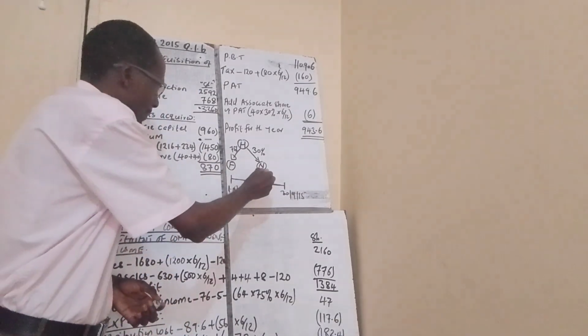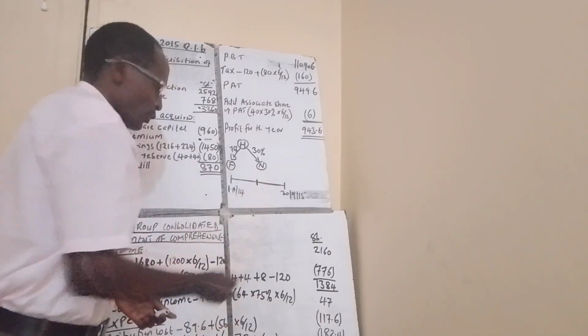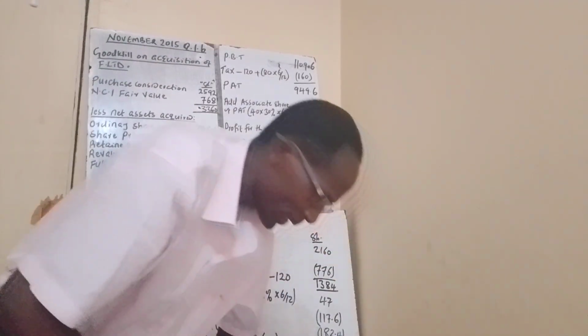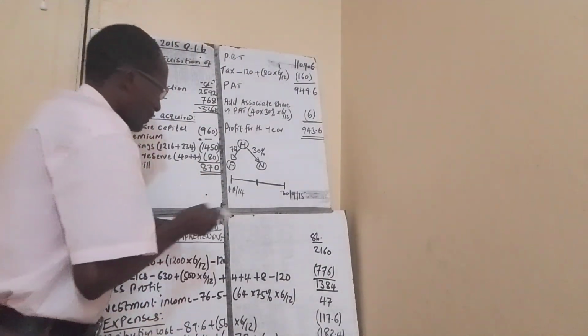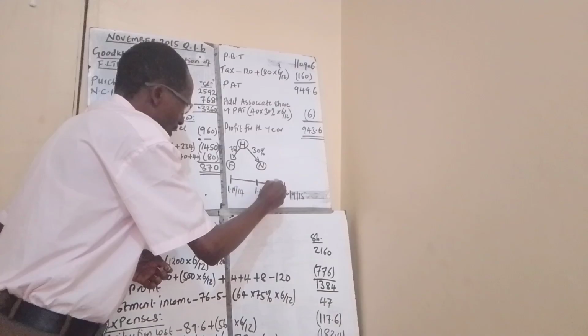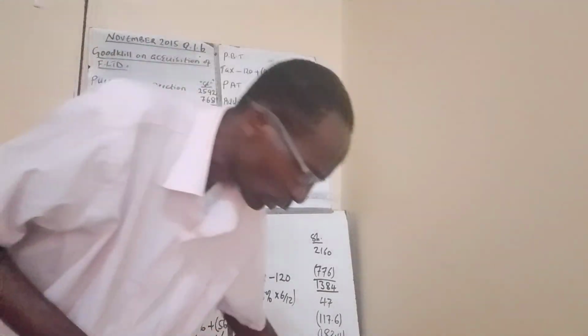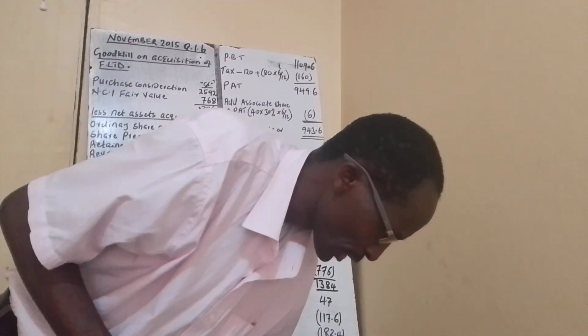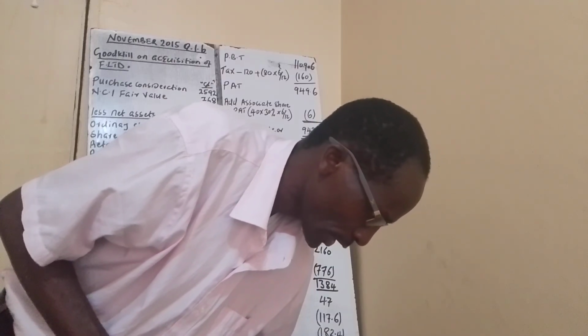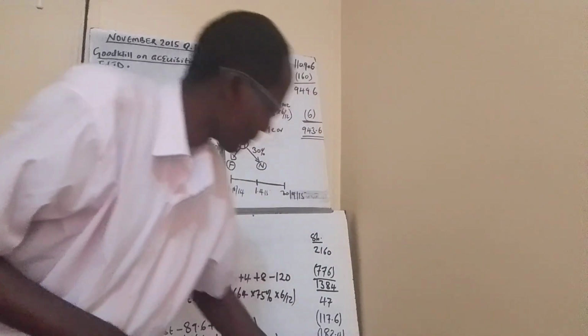Now this is when this acquisition took place. We are told that on 1st April 2015, H Limited acquired 75% of the equity shares of F Limited.